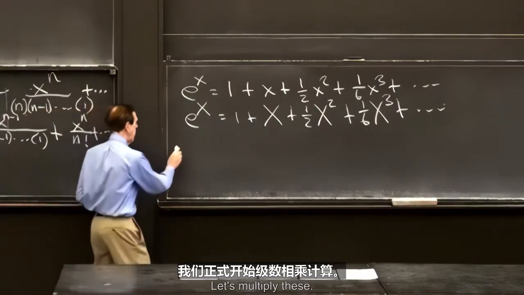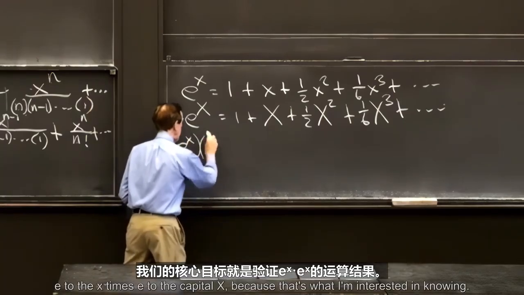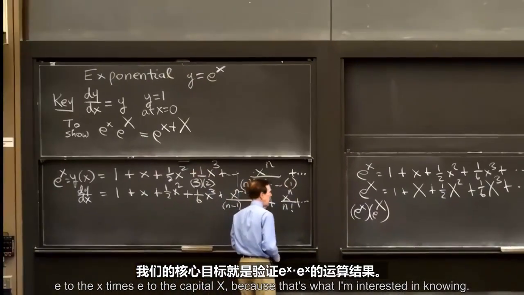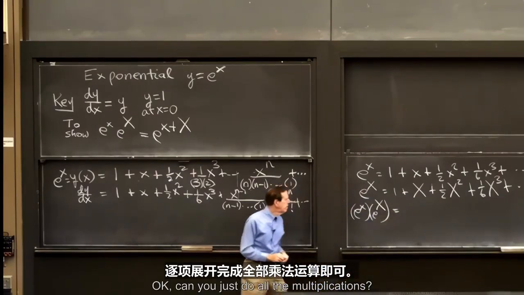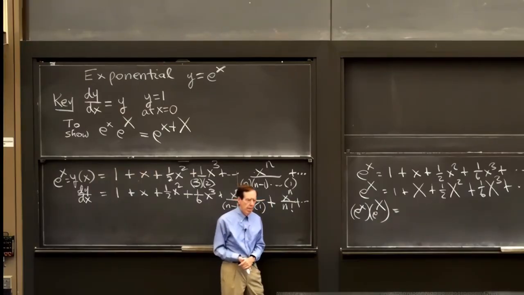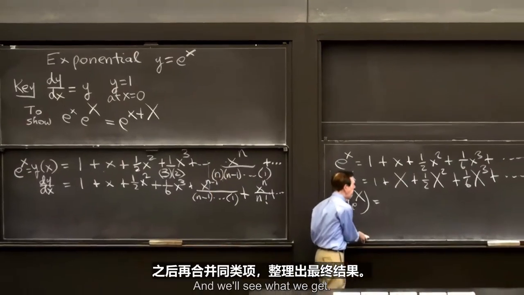Let's multiply these: e to the x times e to the capital X, because that's what I'm interested in knowing. Can you just do all the multiplications, and we'll see what we get.